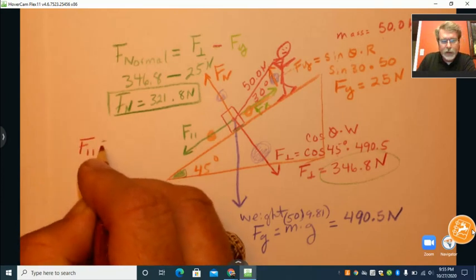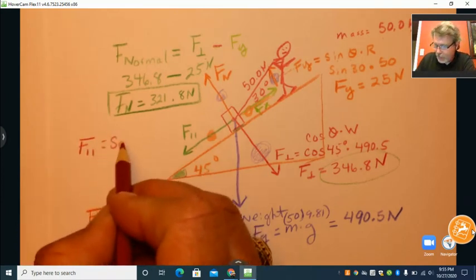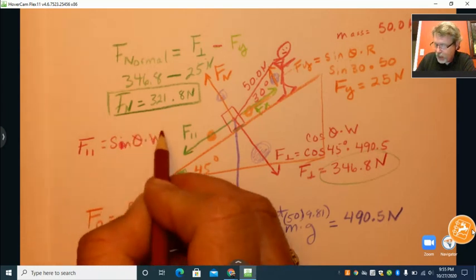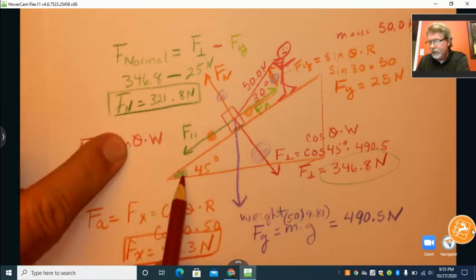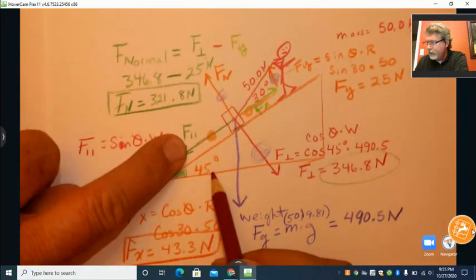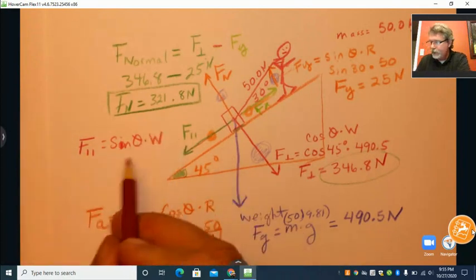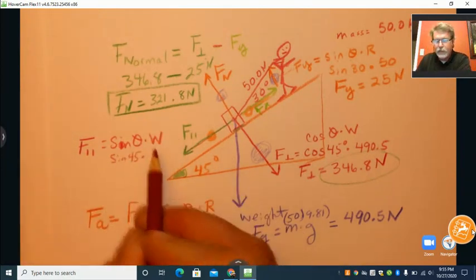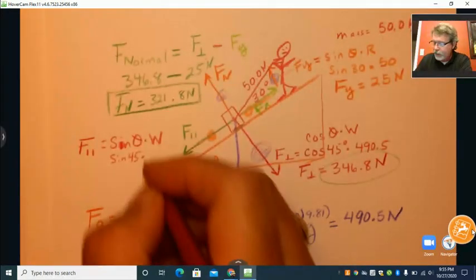Force parallel is the sine of theta times the weight. Now this theta is the incline, because remember, force parallel is dealing with this incline. So it's the sine of 45 times the weight, which we already solved earlier, 490.5.